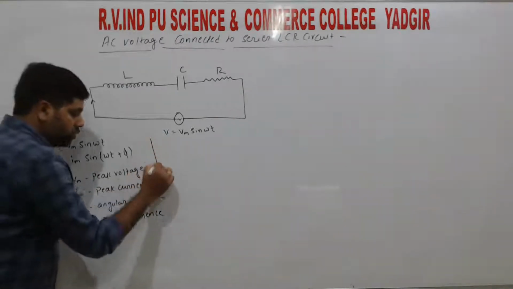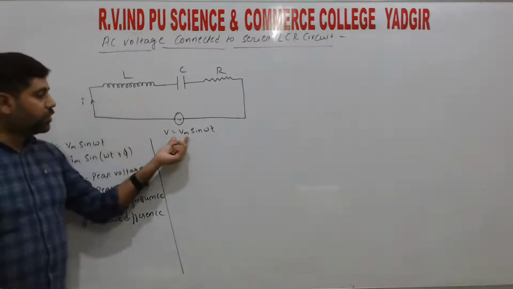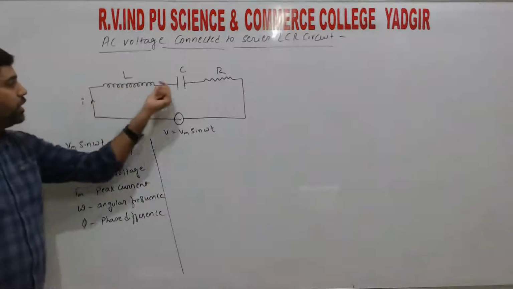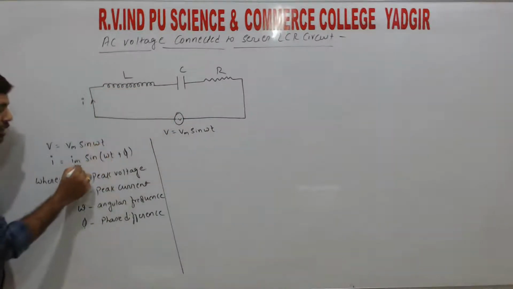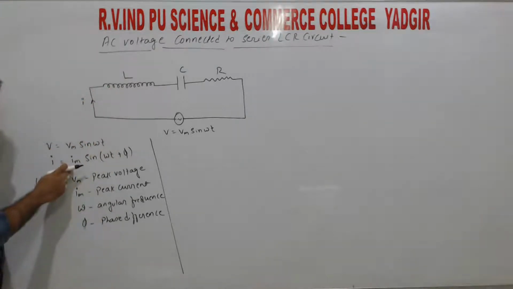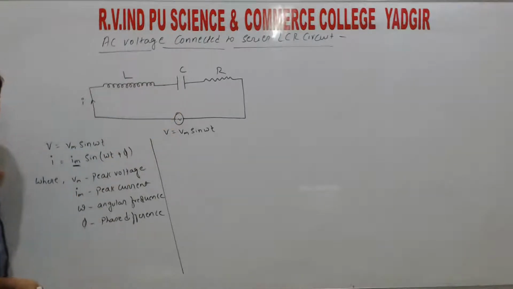Now, in series, the current across these components has a common amplitude, and that magnitude is Im. So Im is the current flowing across these three components.